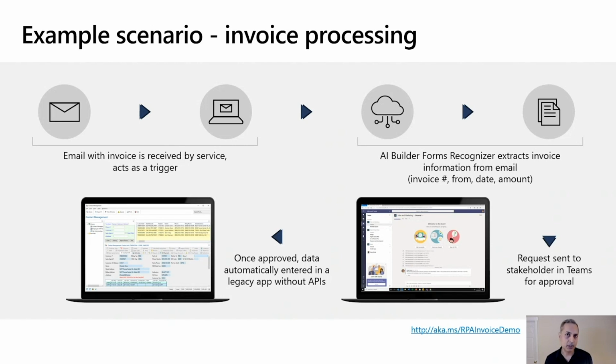We will use AI Builder to extract data from that invoice. We'll send a notification on Teams to have somebody decide whether to approve or reject this invoice. And finally, if the invoice is approved, we'll enter all this data into a legacy application that has no APIs.